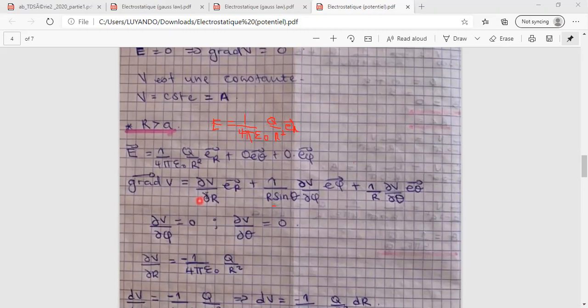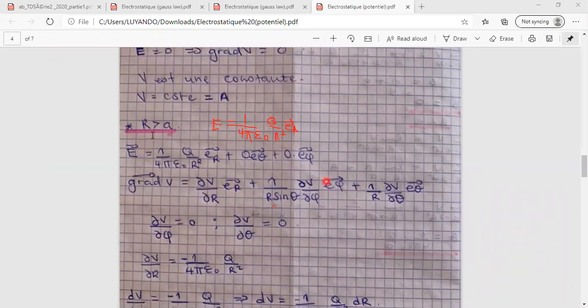Grad V is equal to dV over dr in the direction e_r, plus 1 over r sine theta dV over d phi in the direction e_phi, plus 1 over r dV over d theta in the direction e_theta. So this is my gradient of V in spherical coordinates, because we're dealing with a sphere.